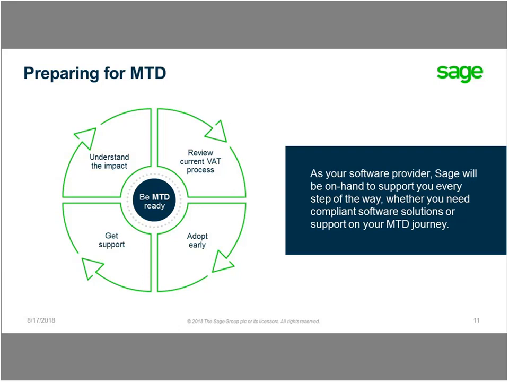It's about ensuring that you have the right experience and that you're doing it efficiently and in a cost-effective manner. So it's all about understanding, reviewing, adopting early, and at the end of the day, getting support. And that's getting support not only from software providers, where Sage has been working for quite some time with HMRC and various institutions to get this whole MTD journey really right, nailed and slick for businesses, but also working with your accountant, because your accountant is the best place to get support from.